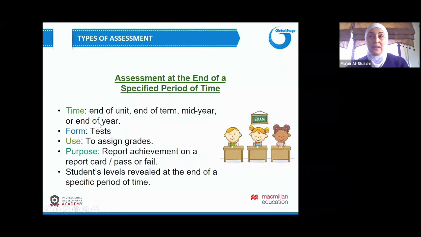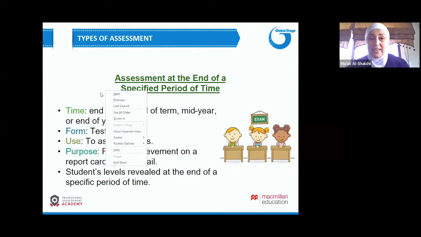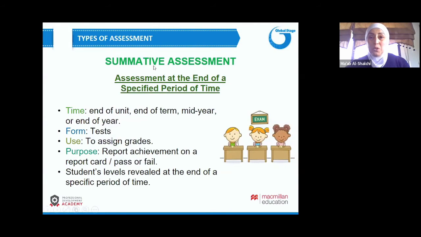So you can actually see that this kind of assessment we use at the end of the unit, end of term, mid-year, or end of year. What do you call this kind of assessment? Thank you very much. Yes, you call it the summative assessment.